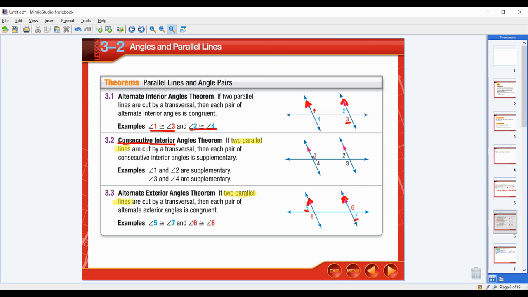Consecutive interior angles are supplementary. Angle 1 and angle 2, those would be consecutive interior angles because they are both on the inside of our two lines, and they're on the same side of the transversal. These angles will add up to 180 degrees. So if you have consecutive interior angles with parallel lines, those are supplementary.